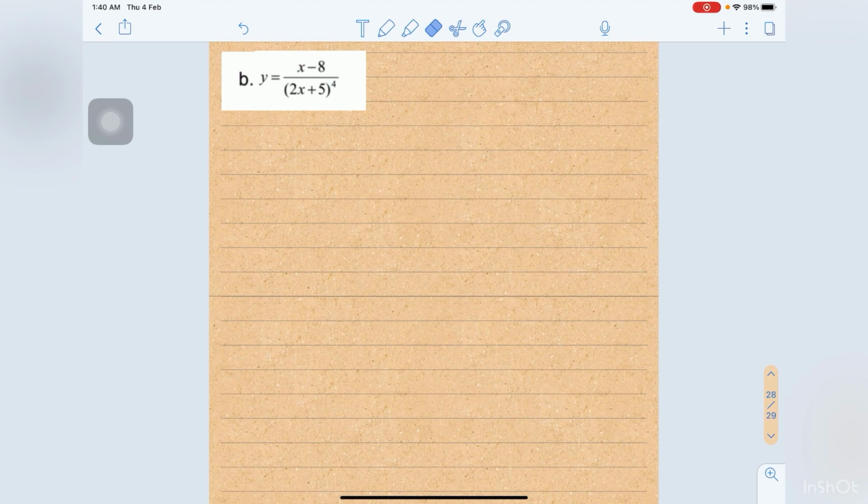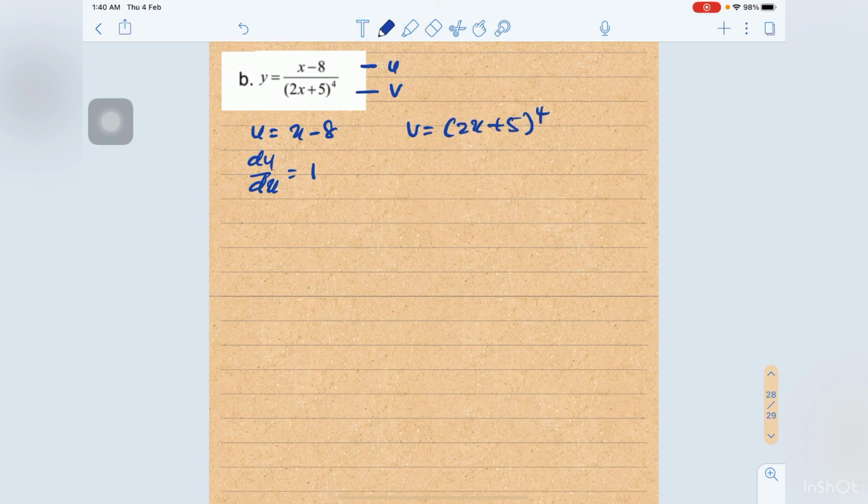Next, question B, actually a combination of the quotient rule and composite function. Here we assume the top one is u and the bottom one is v. So u equals x minus 8, du/dx equals 1. v equals (2x plus 5) to the power of 4.